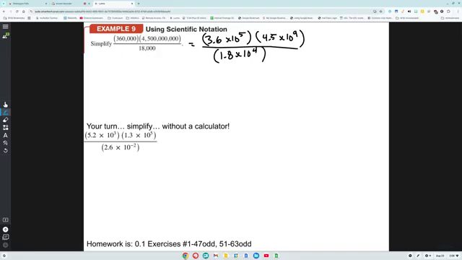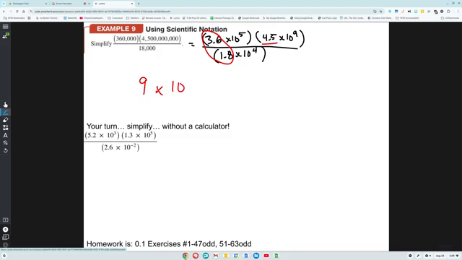Now, the reason I'm doing this is because multiplication is commutative. I can handle those not perfect numbers in the front, and then for the 10 to the 5th, 10 to the 9th, and the 10 to the 4th, I can just use basic exponent properties. So what I'm thinking in my head is 3.6 divided by 1.8 is 2. 2 times 4.5 is 9. So my answer is going to be 9 times 10 to some power.